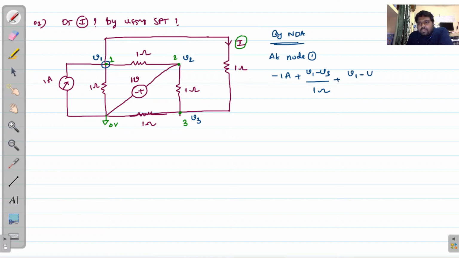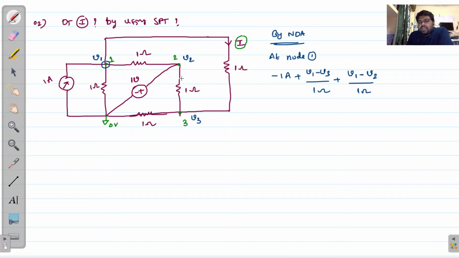Already I told you, whichever node you consider, that node voltage is superior to all other nodes present in the network. First I am considering node 1 voltage, so this node 1 voltage is superior, that means higher in value compared to all other node voltages present in this network, right?